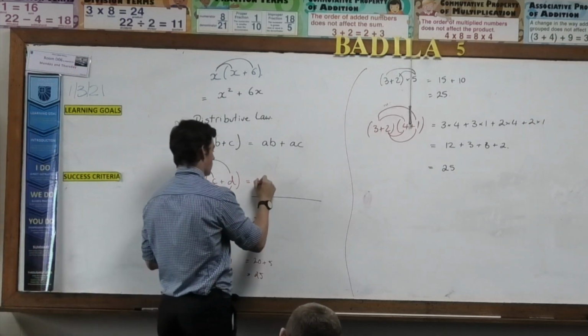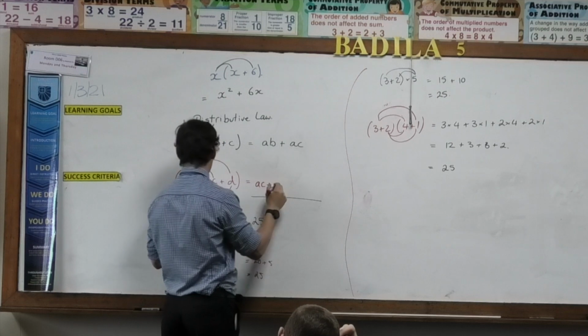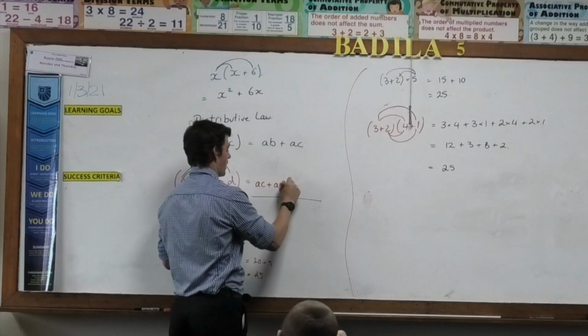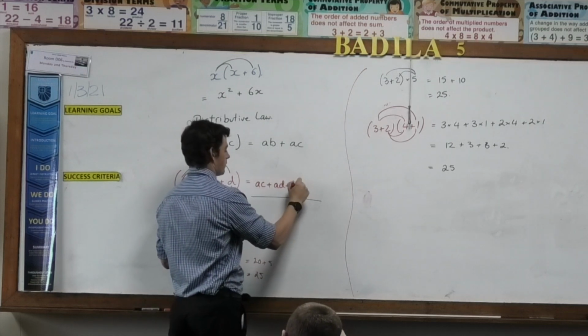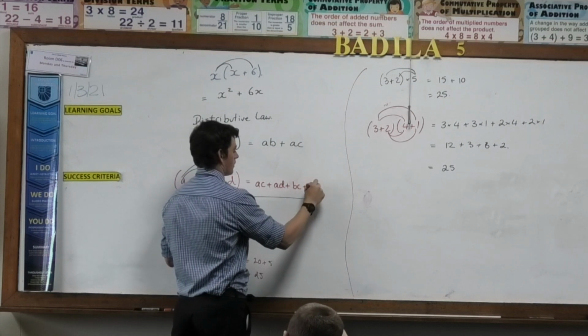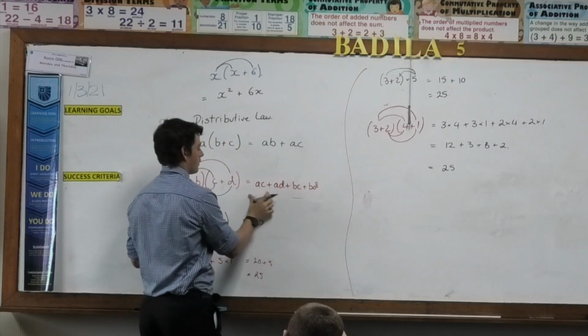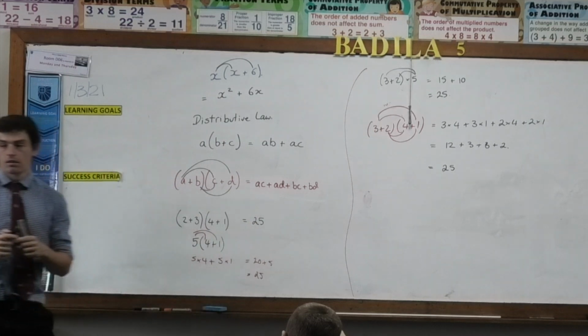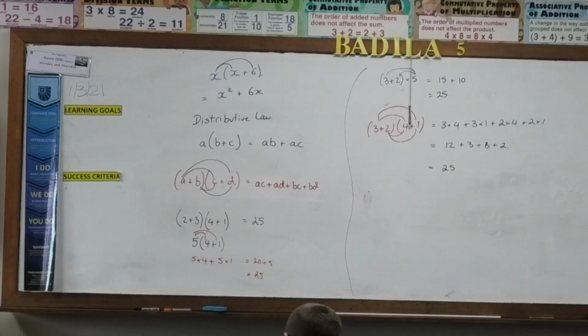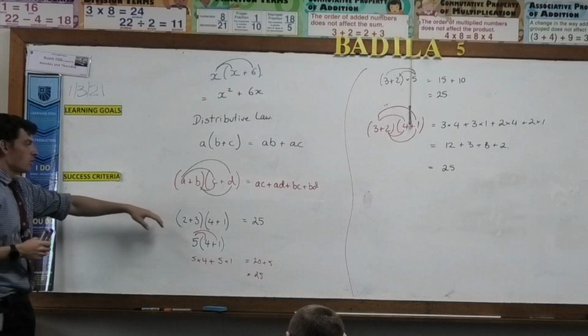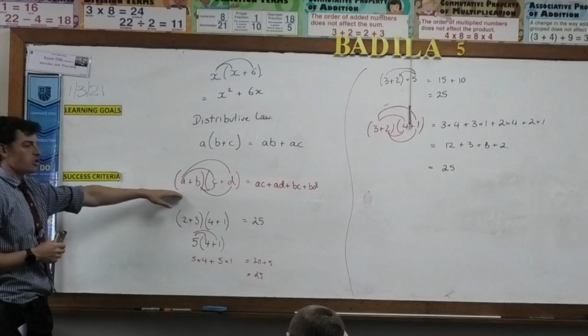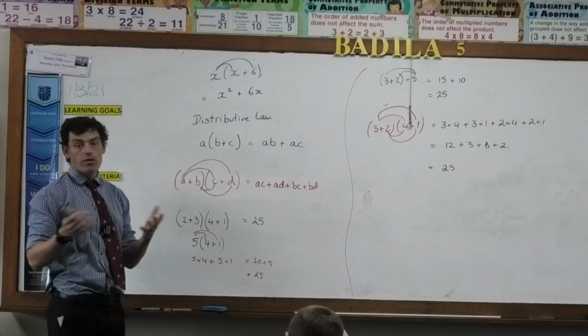A times C plus A times D plus B times C plus B times D. Is that the answer? That's the answer. Would you do the other techniques? What's the other technique? This one? That works when we've got numbers. What's the problem with this one? Have no numbers, do it.